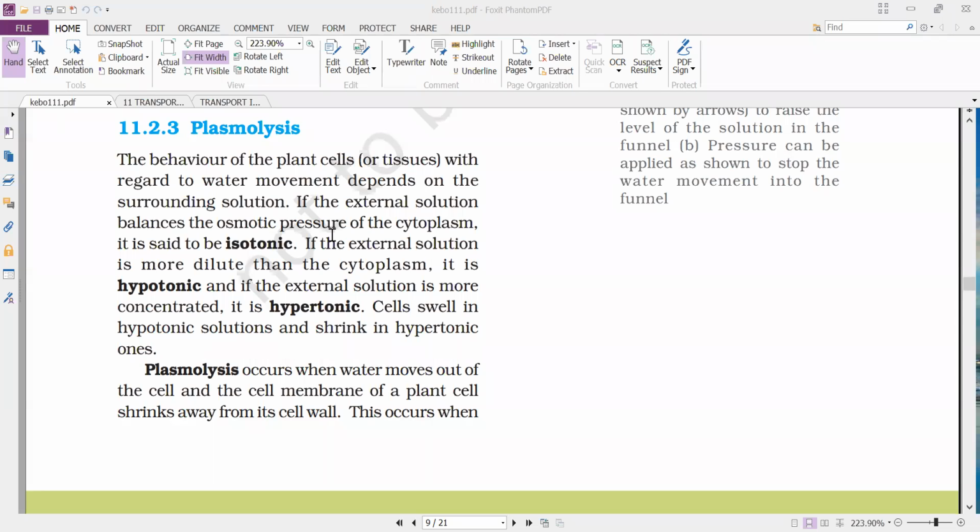That means the osmotic pressure of the cell is the same as that of the external solution. Then we say that the two solutions are in isotonic condition, that is, the same concentration.